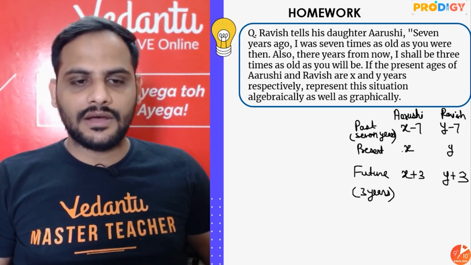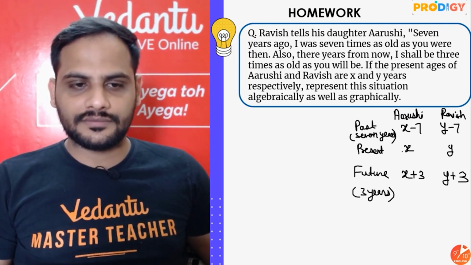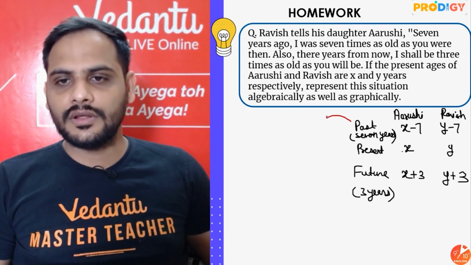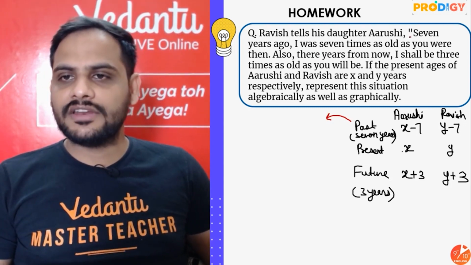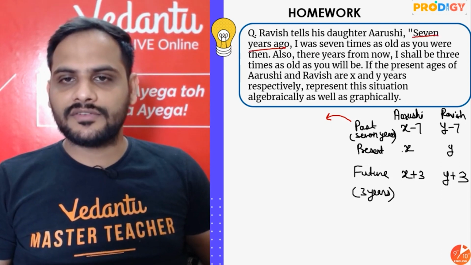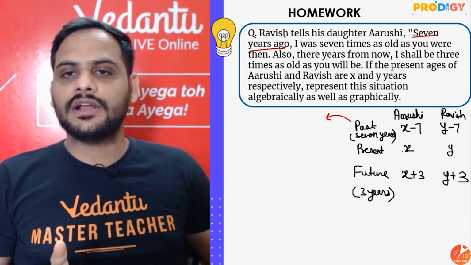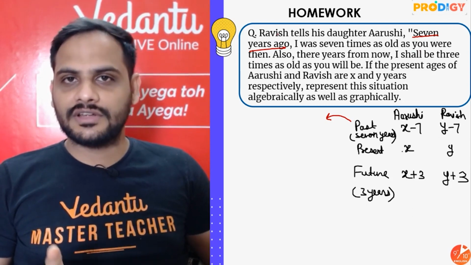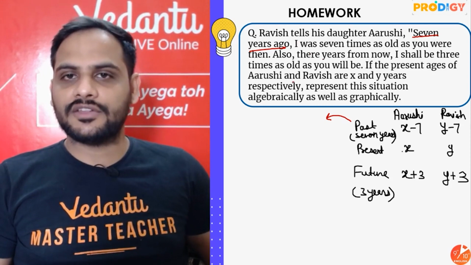Now for the first statement, we will use our past values, because it is talking about the past. I was 7 years ago, so we are talking about the past. I was 7 times as old as you were. So who is I here? Ravish. So the age of Ravish is 7 times the age of Arushi.